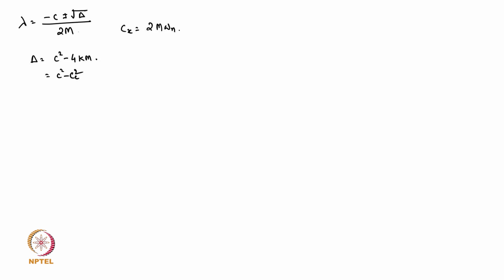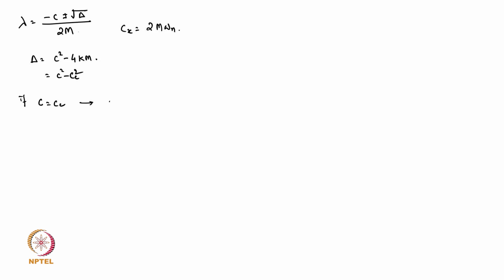Now the important point. Let's see first, if C is less than Cc, oh no, sorry, first take the case where C is equal to Cc. So what will be the lambda?